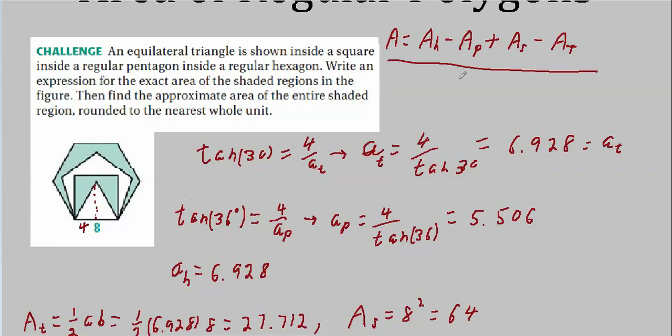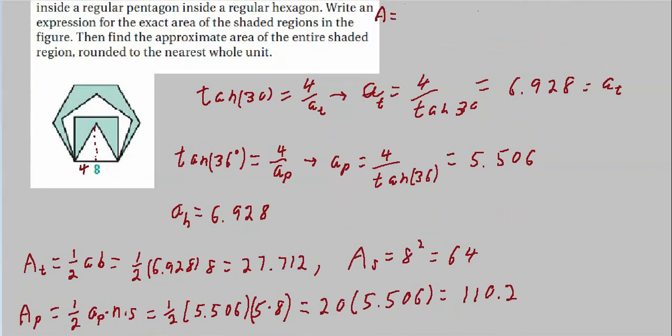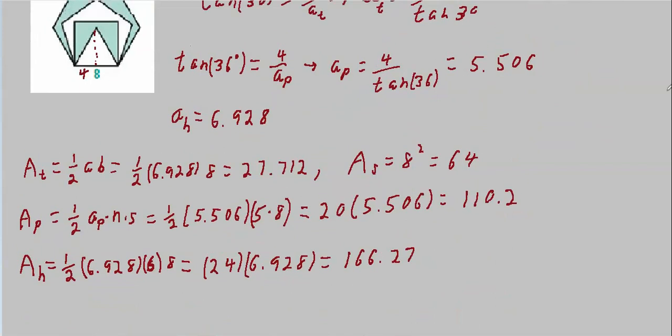Let's try that. And with a little bit of luck, I might not run out of room. Let's see here. I can write equals A sub h. We found that down here somewhere. There we go. 166.27.